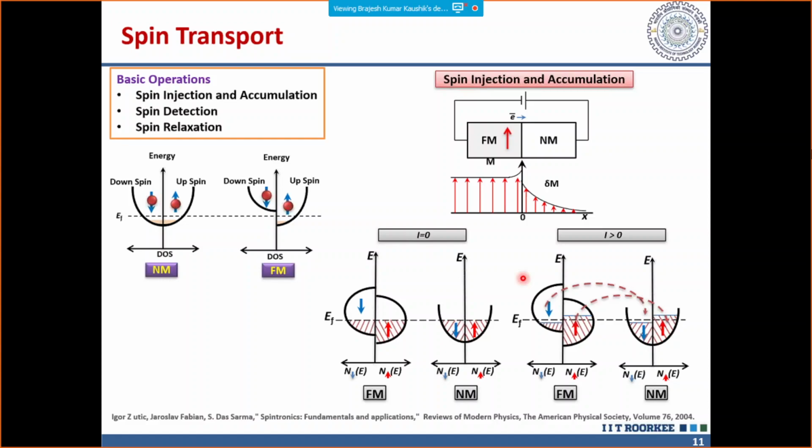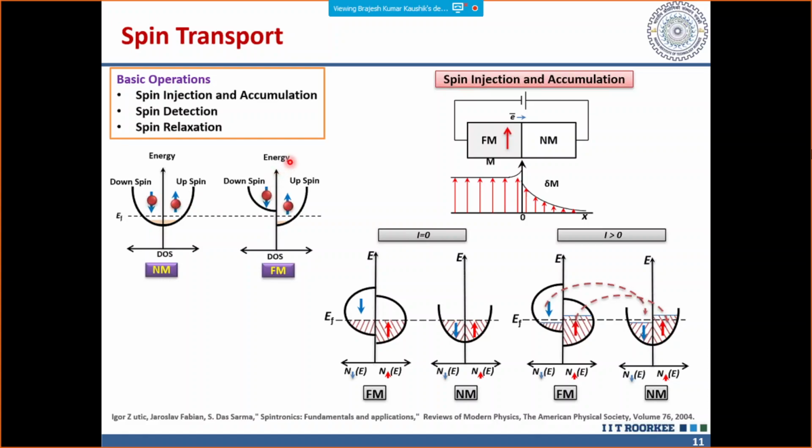if you look into spin transport, the basic operations that you can carry out are spin injection and accumulation, spin detection, and spin relaxation. All these things have to be there once you're talking about spin transport. Looking further into the details, for the energy of upspin and downspin in a non-magnetic material, they will be equally present in the state.